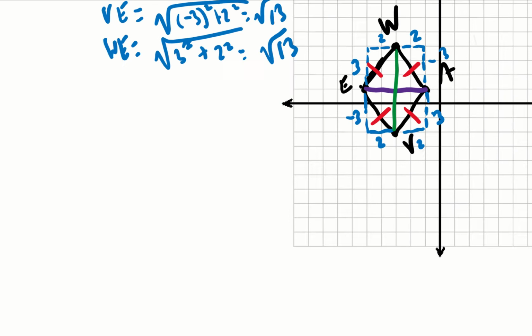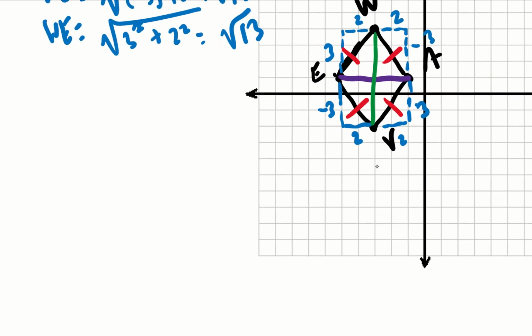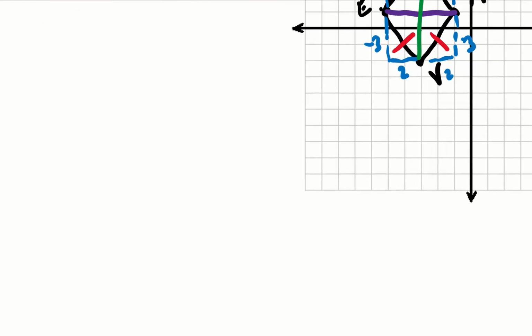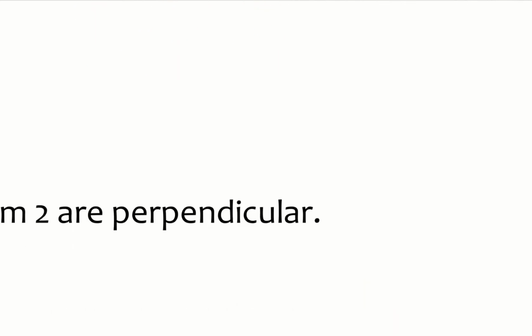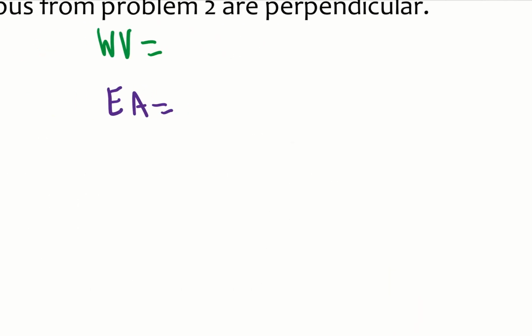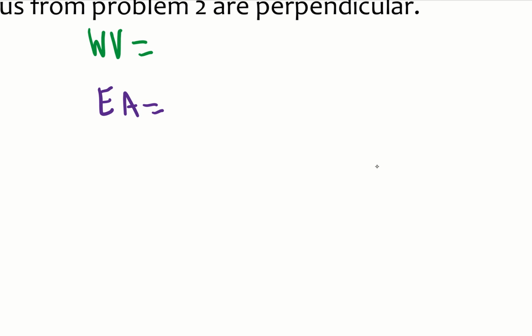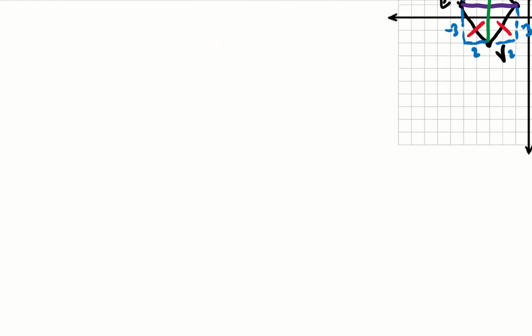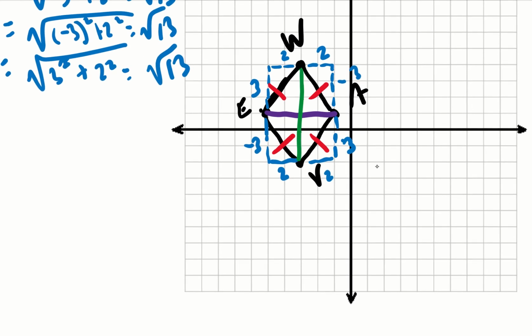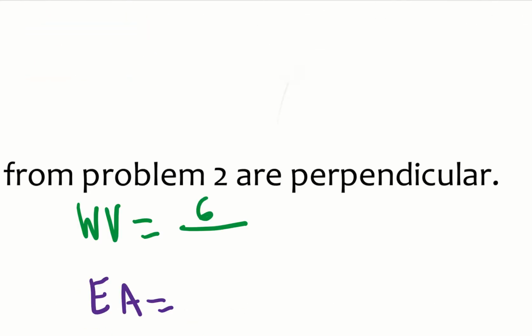So the slope for the WV, the green, is rise over run, and it rises 1, 2, 3, 4, 5, 6 units. So let's see here. It rises 6 units, and it runs 0 units.